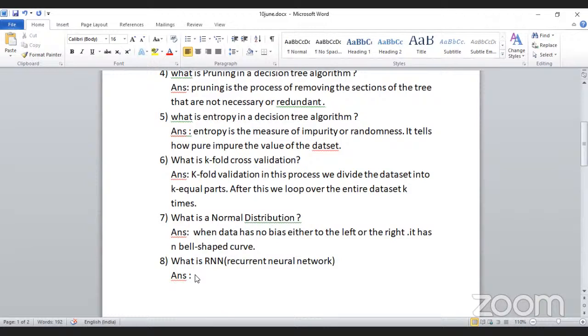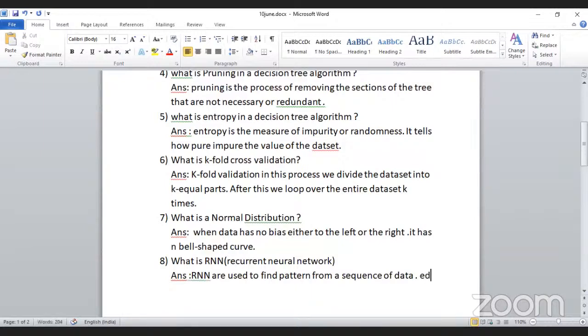We mostly use RNN in machine learning algorithms that make use of artificial neural networks. RNNs are used to find patterns from a sequence of data.